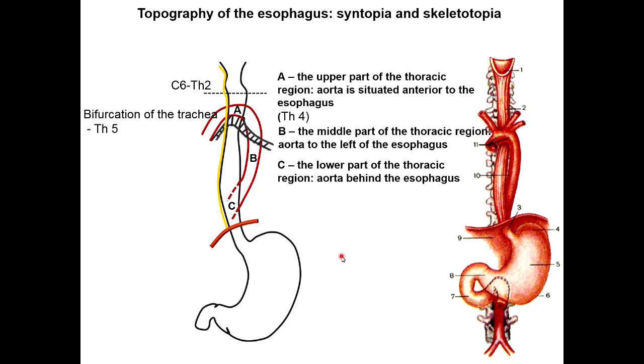Also, we have a lot of small but very important structures which are also close to the esophagus. For example, this nervus vagus. From the right side, nervus vagus dexter. I use this yellow line to demonstrate that the nervus vagus from the right side is situated quite close to the right side of the esophagus.